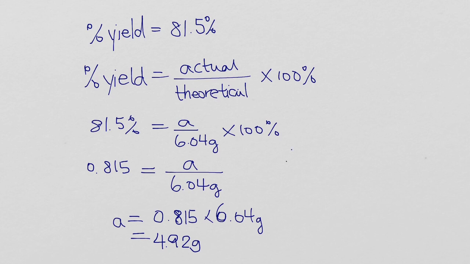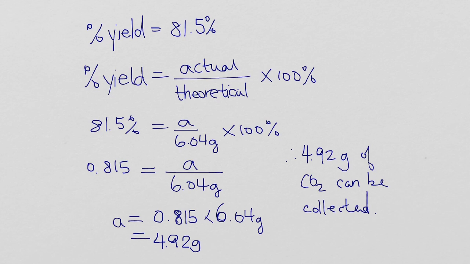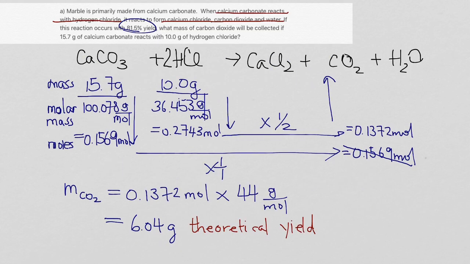So therefore, 4.92 grams of carbon dioxide can be collected when you actually do the experiment. Even though our calculations show that we should be able to collect 6.04 grams, in reality we couldn't.